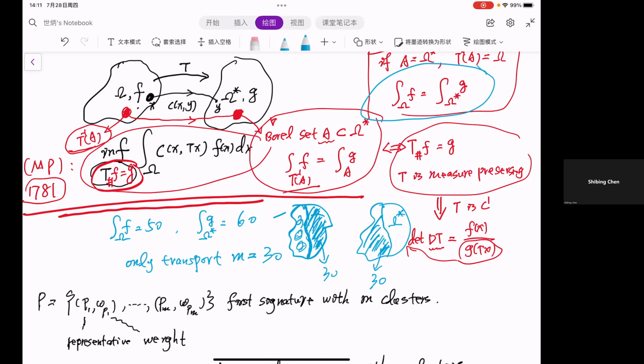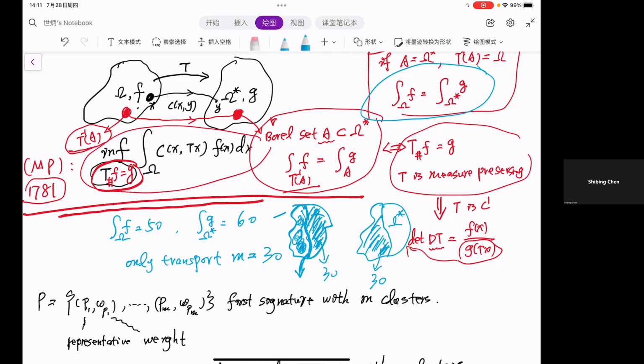This part is the mass not used. And for analysis, people will be interested in the regularity of this hypersurface, which separates the still mass and the moving mass. So these are the questions we are concerned with later.